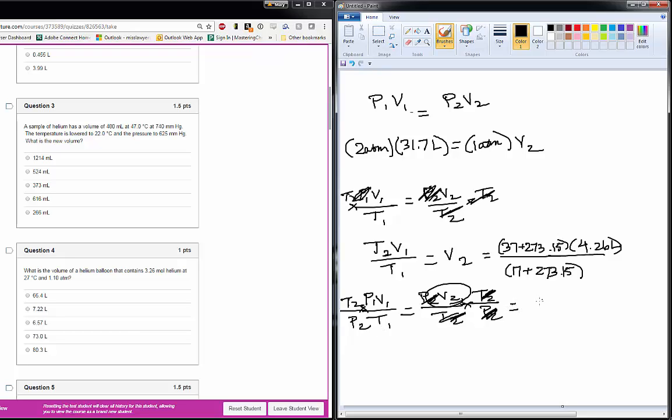So T2, my second temperature, is 22 degrees Celsius, so 22 plus 273.15. My initial pressure, 740 millimeters of mercury.